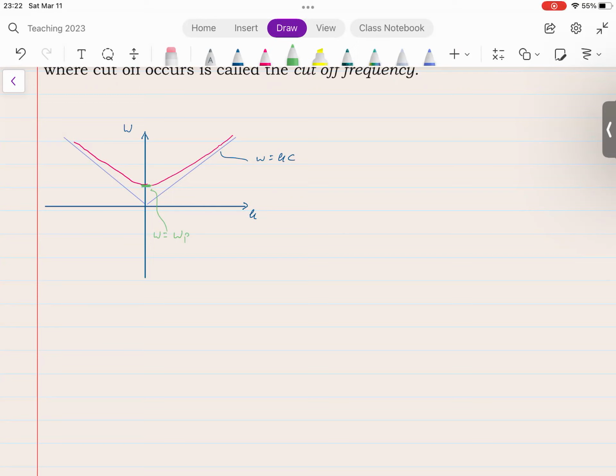I will just emphasize the expressions for the group and the phase velocities.